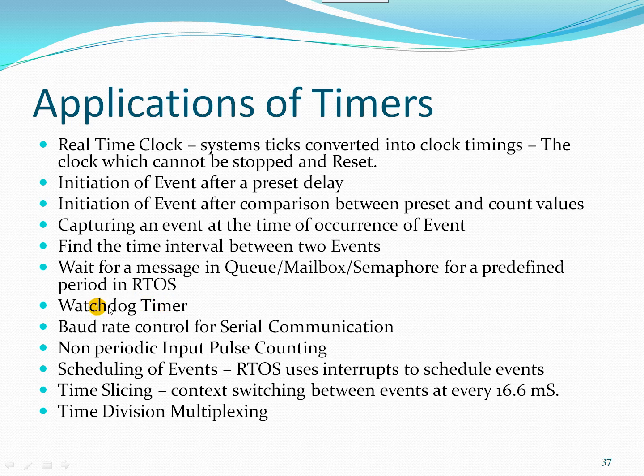Next will be the watchdog timer. About this watchdog timer, we will be seeing a separate video. In the next video, we will see this timer in detail. Next will be the baud rate control for serial communication. The baud rate control for serial communication is based upon the prescale value which we give.